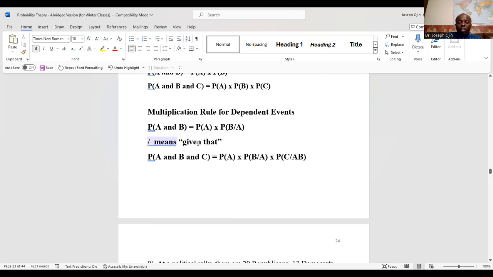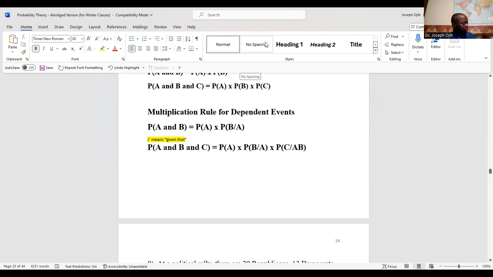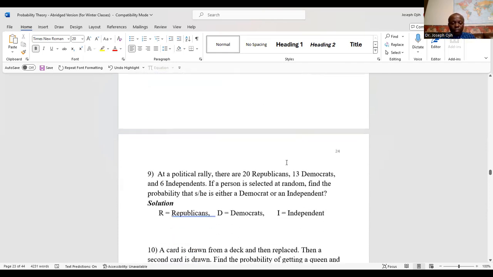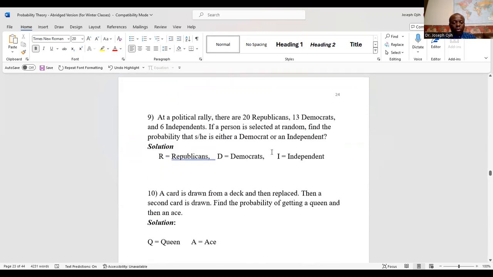Remember that the forward slash means given that. So if you've got three events, you have the same process. You have the probability of A and B and C equals P of A times P of B given A times P of C given AB. So let's look at how it works.